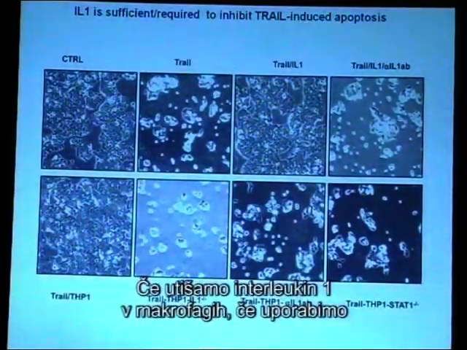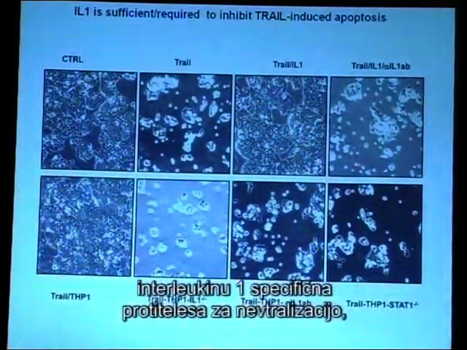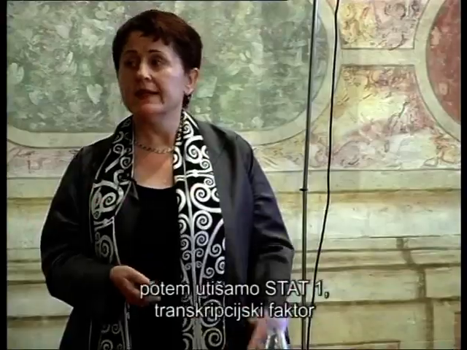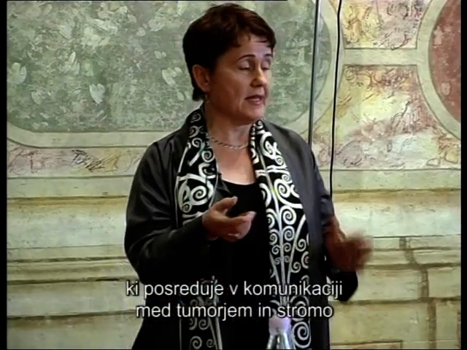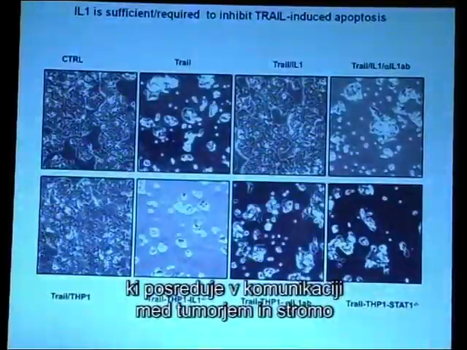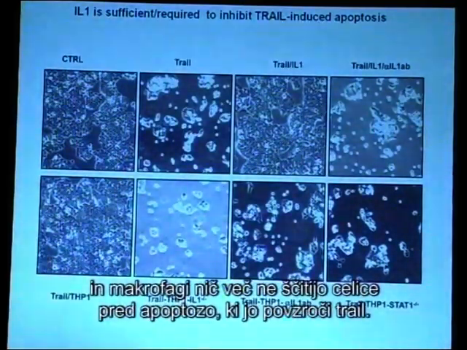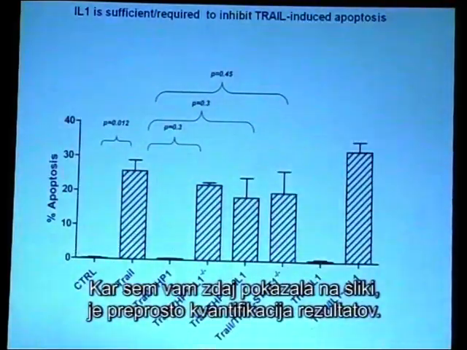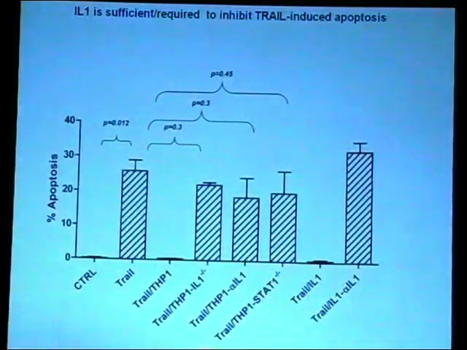When we silence interleukin-1 in macrophages, when we use neutralizing antibodies specific for interleukin-1, or when we silence STAT1, the transcription factor that mediates the crosstalk between tumor and stromal compartment, macrophages no longer protect from TRAIL-induced apoptosis. This is simply a quantification of the results that I just showed you in the picture.